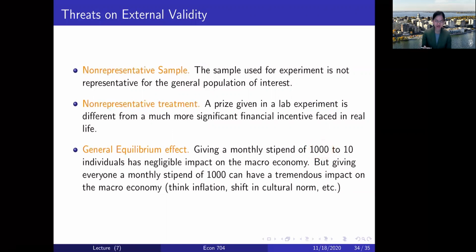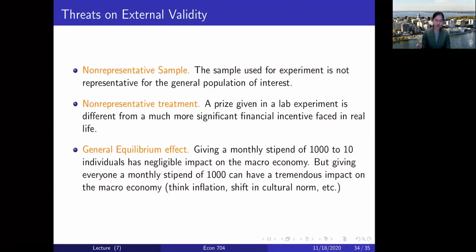So that is a policy that could have non-negligible impact on the macro economy. So you could run a randomized control trial, get a random sample of 1,000 people and give some of them $1,000 every month and see what effect it has on their life.